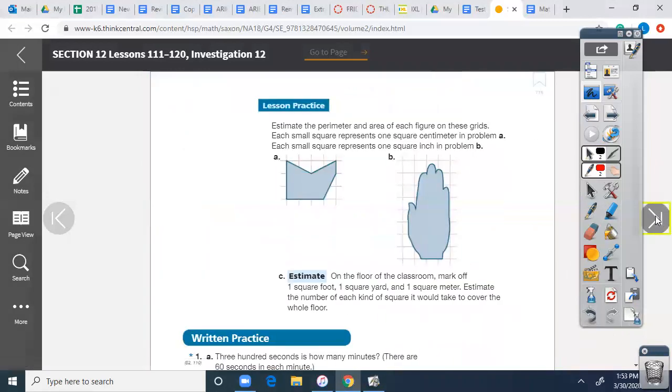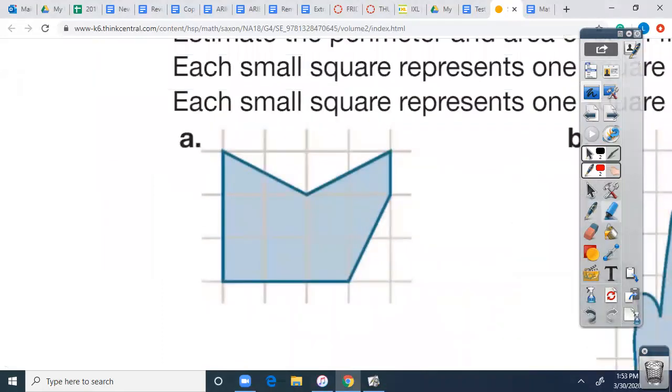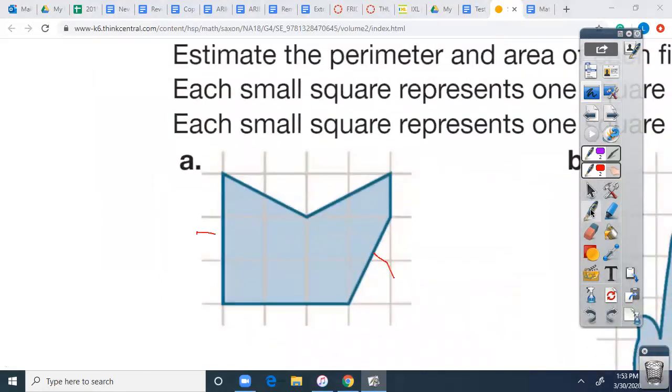We're going to go to lesson practice A. Okay, B is way too hard, so we are not doing B. We are just doing A. So let's estimate the perimeter, and then we're going to estimate the area. So perimeter, remember, see these little boxes, right?